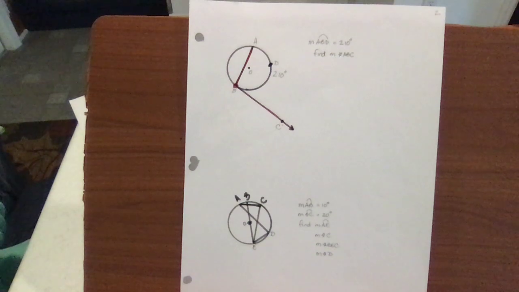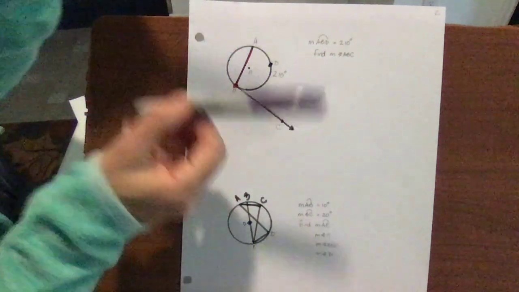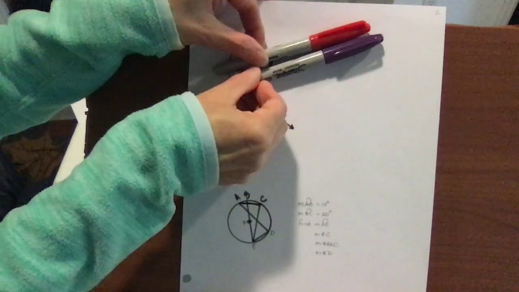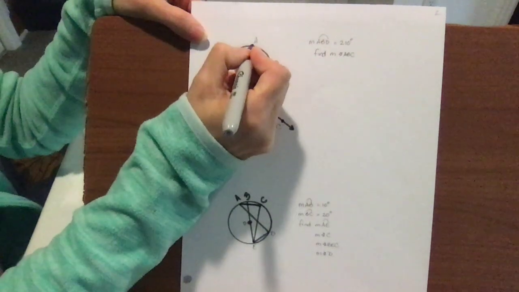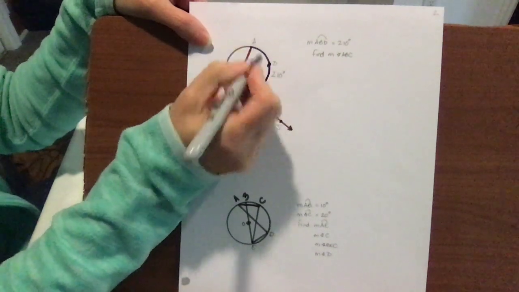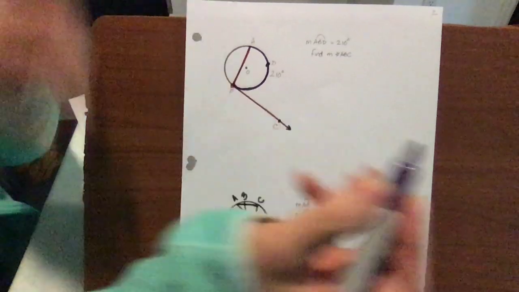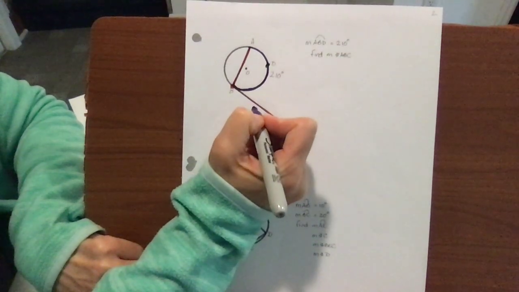If this were like Pac-Man, an open mouth, and it closed, it swallows this arc right here. So this is the intercepted arc on this side from A to B. It's the major arc ADB. So in this case, it's the same thing as an inscribed angle.